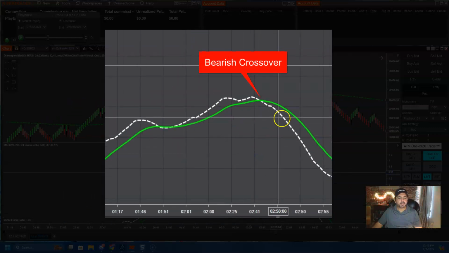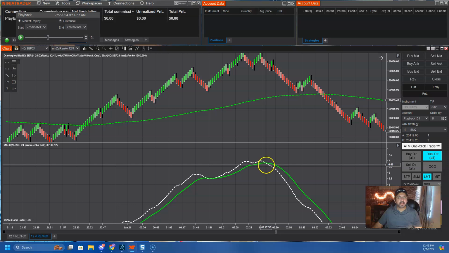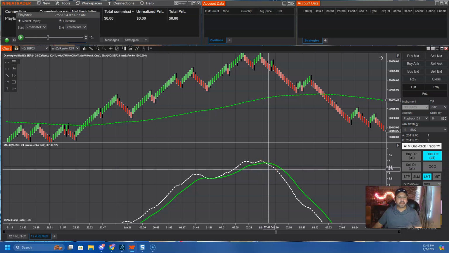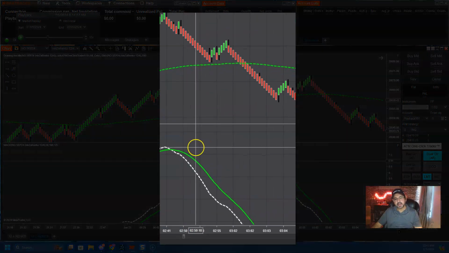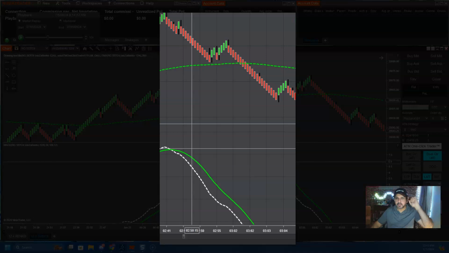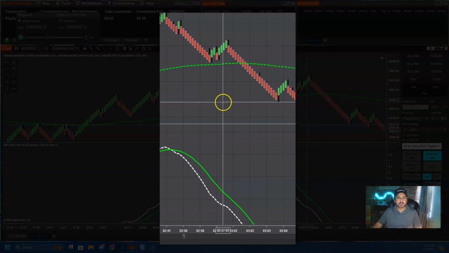The crossover happened right here. Right after the crossover, we look for the first 3 or 4 green bars, then we wait for one red bar after that, and then we short it. And vice versa for the long setup.